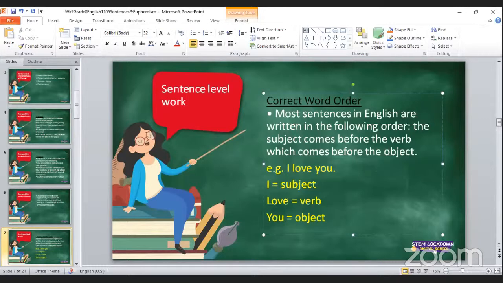What is the order of this sentence? It is subject, verb, object.